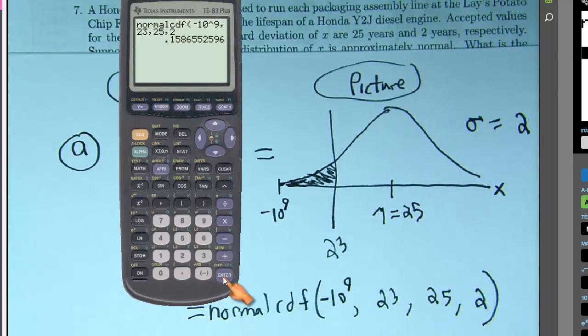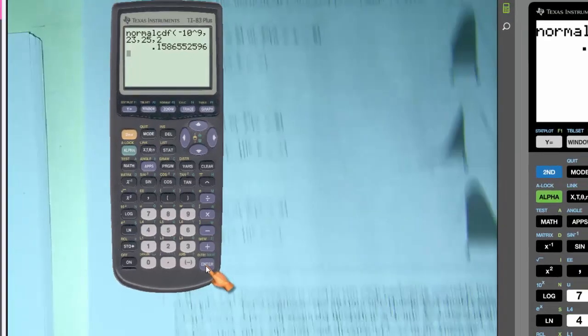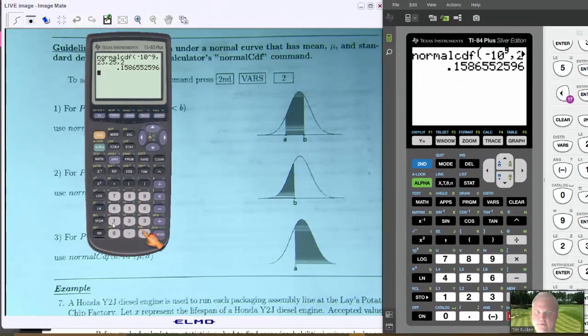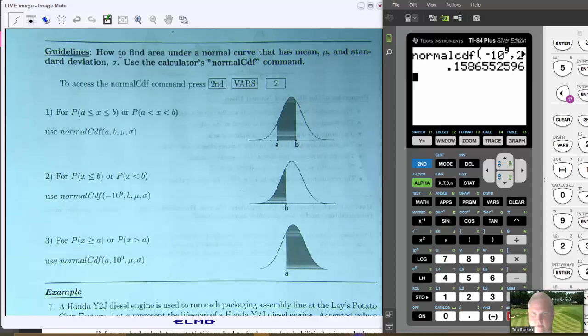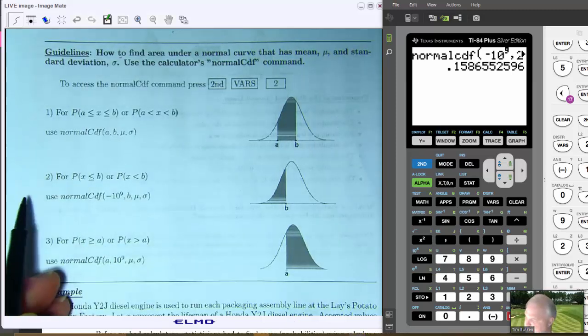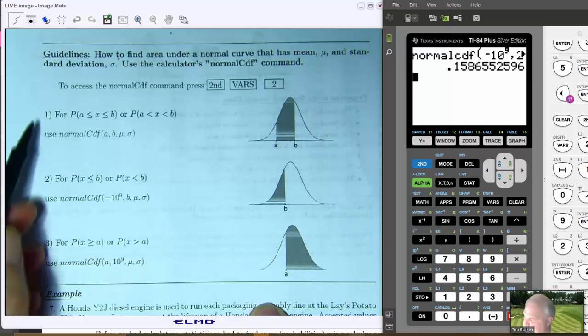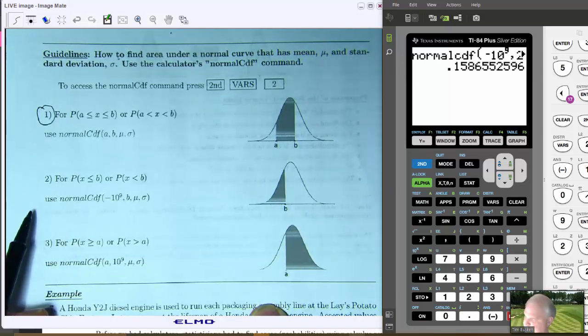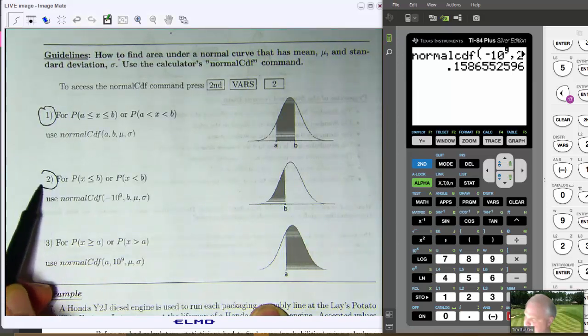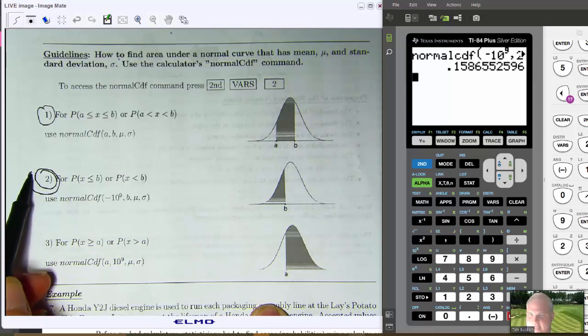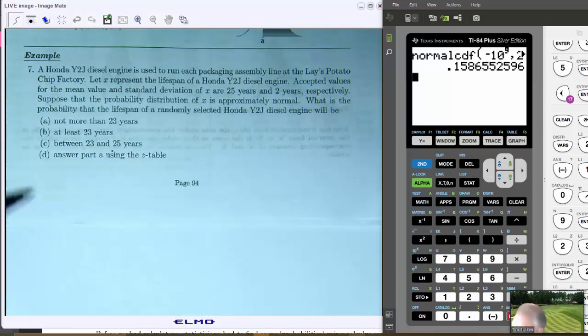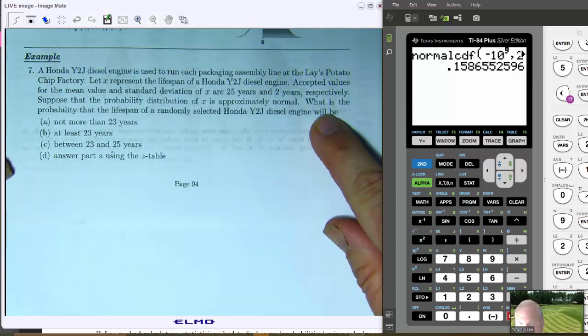Okay, so that's the first of 3 different possible cases that were mentioned over here. Right, I guess that wasn't the first, but anyway, we just got done doing a problem like this right here. So that's case 2. Question B asks us to find the probability that a randomly selected lifespan is at least 23 years.